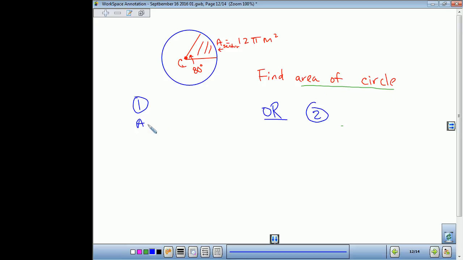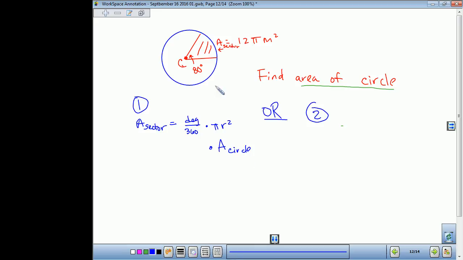We could use that formula we just found, that the area of the sector is equal to degrees over 360 times pi r squared. And pi r squared is just the area of the circle, right? Yes.